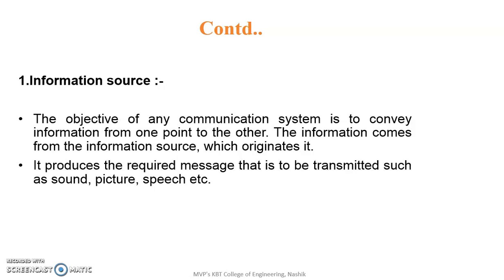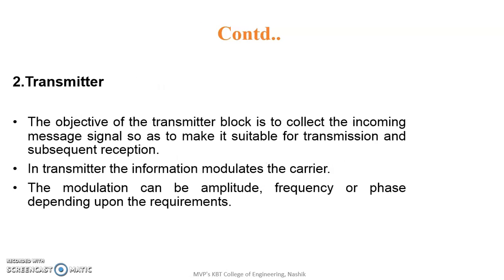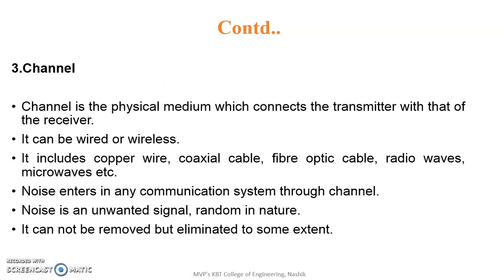So now each and every block is explained. What I have already explained to you is mentioned in this particular section. Information source, then there is a transmitter, then there is a channel. It's a physical medium, either wired or wireless.